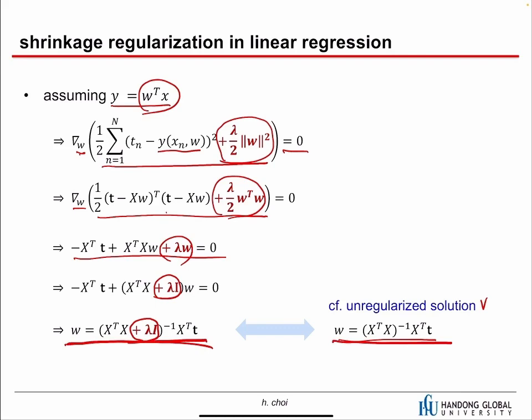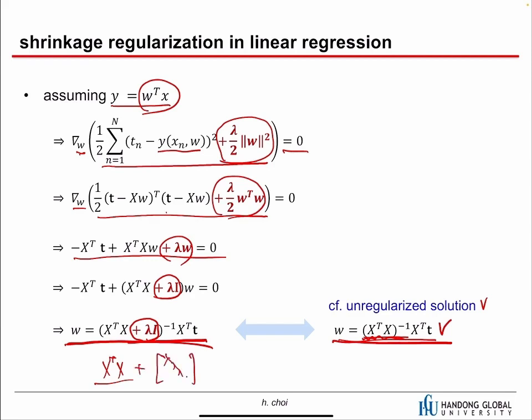We put this lambda identity matrix, which means when X transpose X is not invertible, then this cannot be a solution. Even when this is invertible, but still almost not invertible, then this one is really unstable.